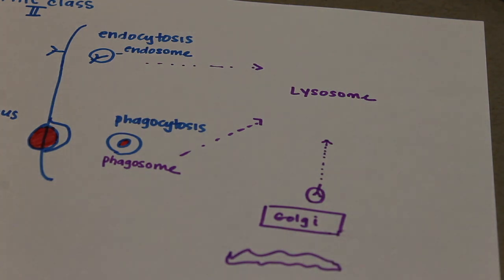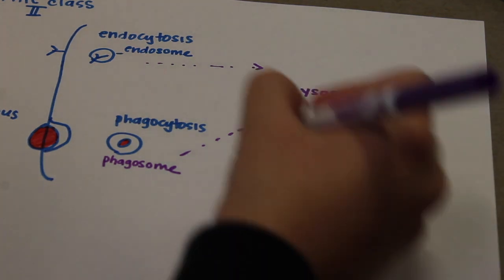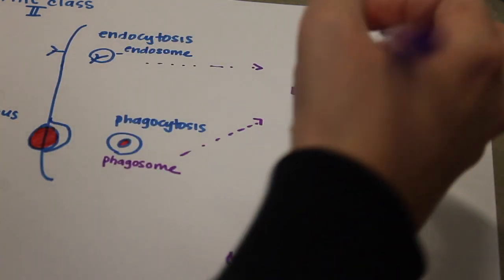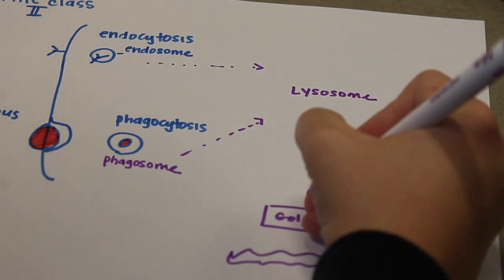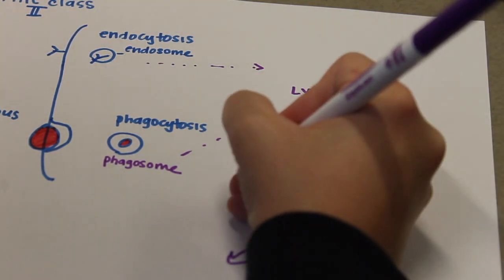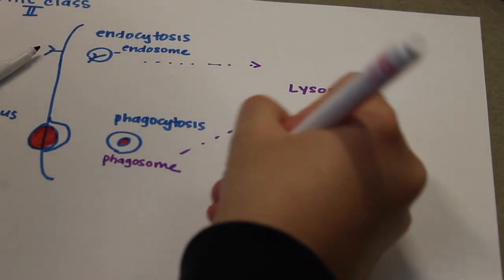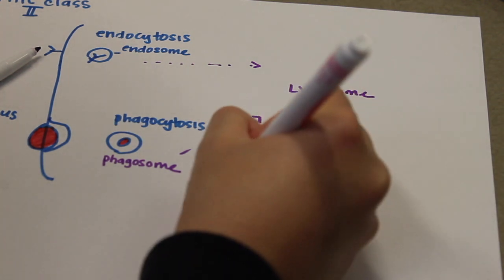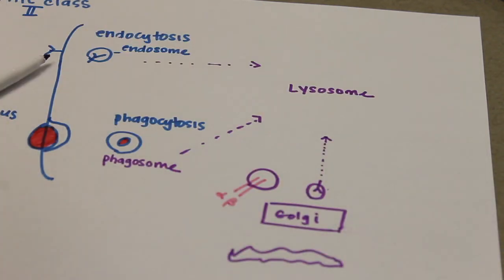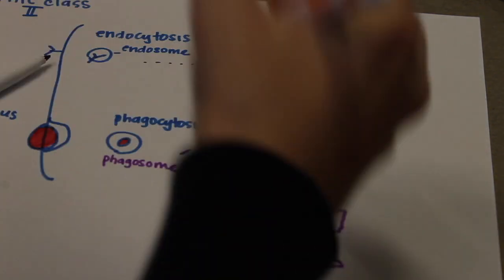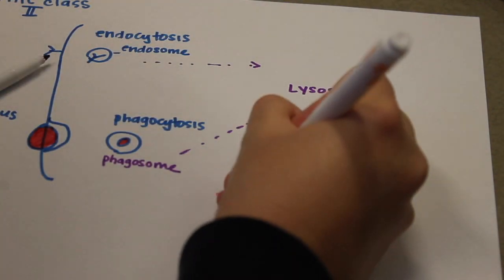Okay, so what happens is that these compartments meet up. Maybe this one is carrying, in this case for MHC Class 2 presentation, the alpha and beta chain of MHC Class 2 with the invariant peptide bound in.